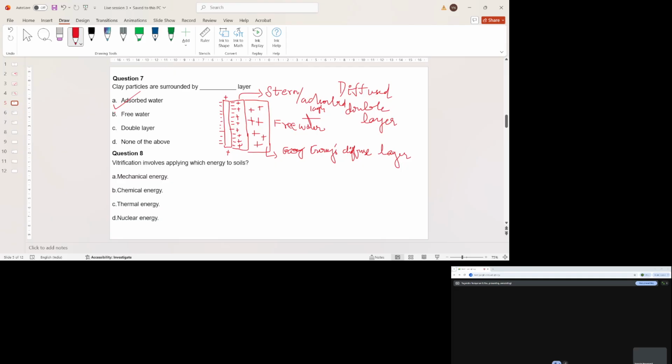Coming to question 8, vitrification involves applying which energy to the soils? You might have heard of vitrification. It is a process in making tiles from clay, where you give an enormous amount of heat to make the clay stiff.